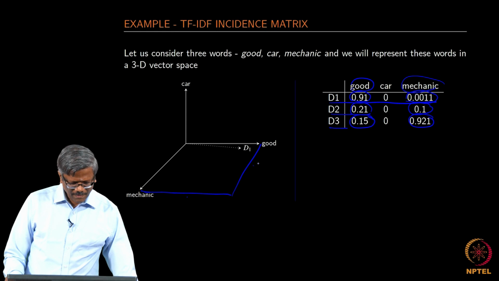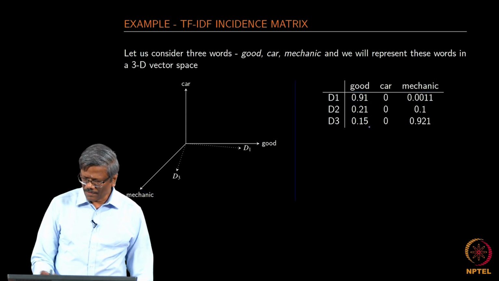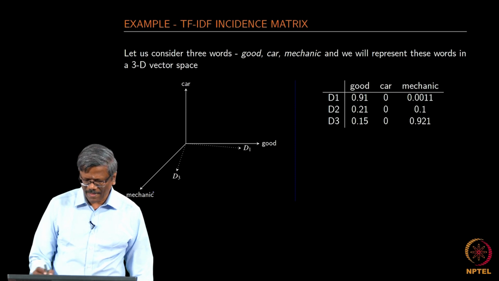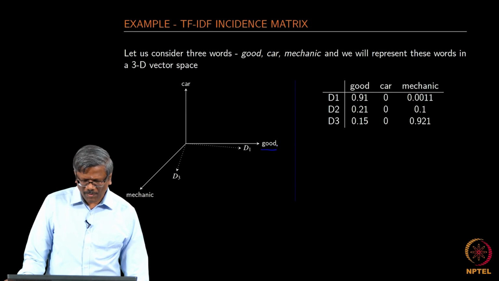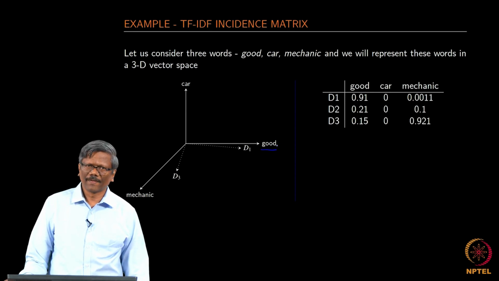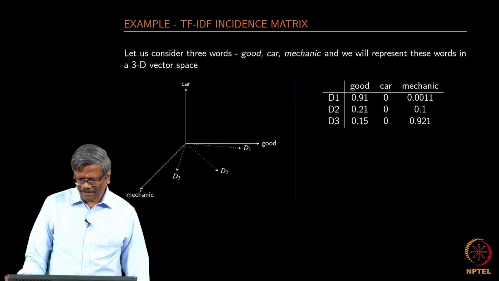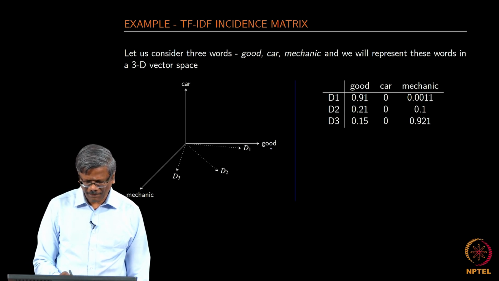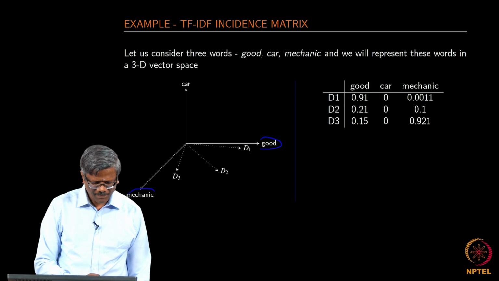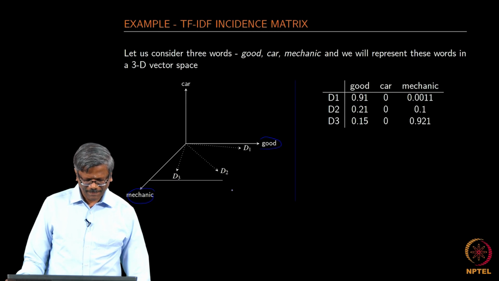Okay. So, I can represent document 3. Again, if you look at document 3, it is pretty close to mechanic rather than to the axis good, maybe because there are more terms representing mechanic than good in this case. So, that is why D3 is pretty close to mechanic. And then if you look at D2, which has a fair amount of representation from good as well as from mechanic, that is why it is somewhere in the middle.